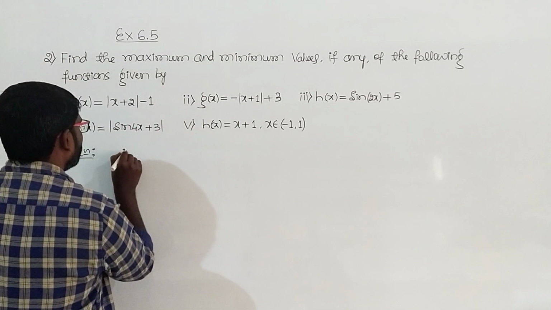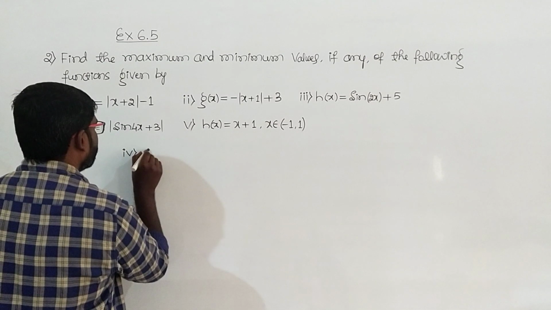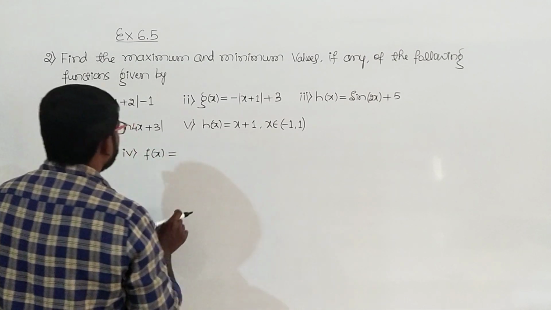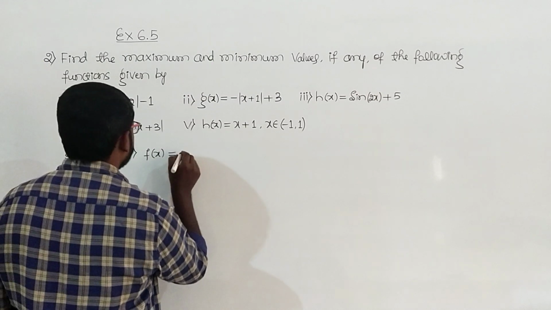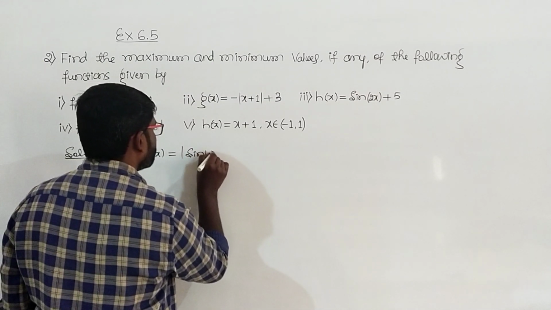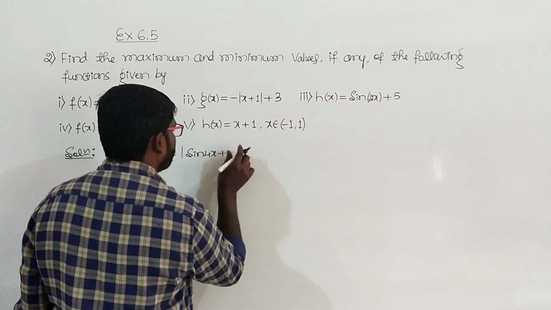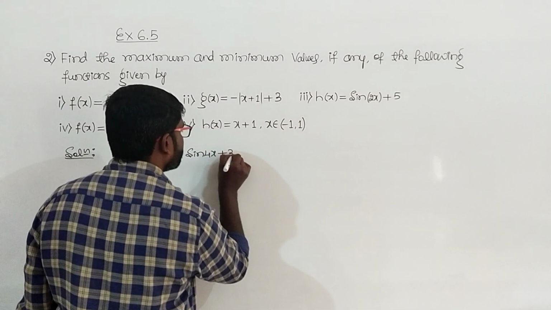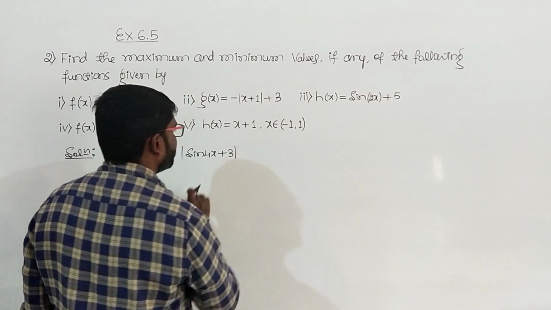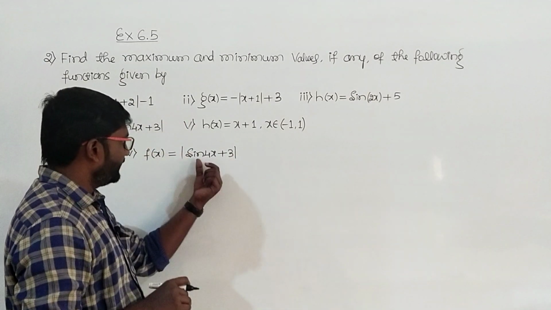So Roman number 4, it is f of x which is equal to mod sin 4x plus 3, mod of sin 4x plus 3, that is plus 3. So now again you have sin 4x.